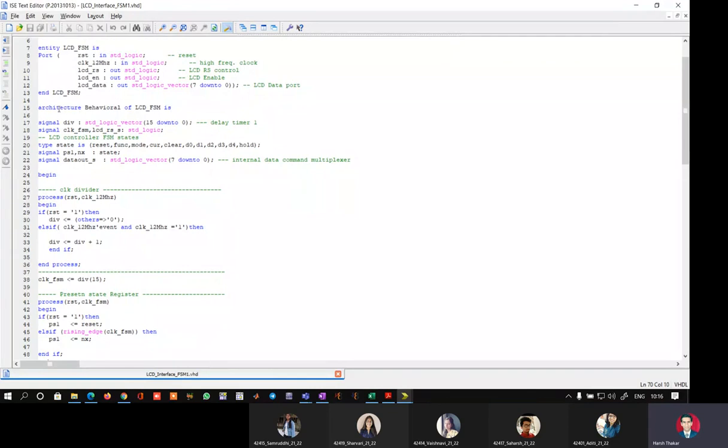The space between the first line of architecture, that is line number 15, and the architecture's begin, line number 24, is called the declaration section. So whatever we write after line number 15 and before line number 24 is called the declaration section. The declaration section here goes from line number 17 to line number 22.